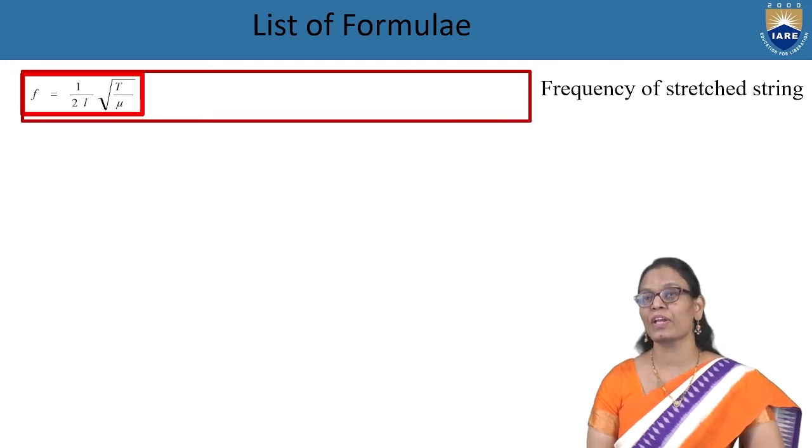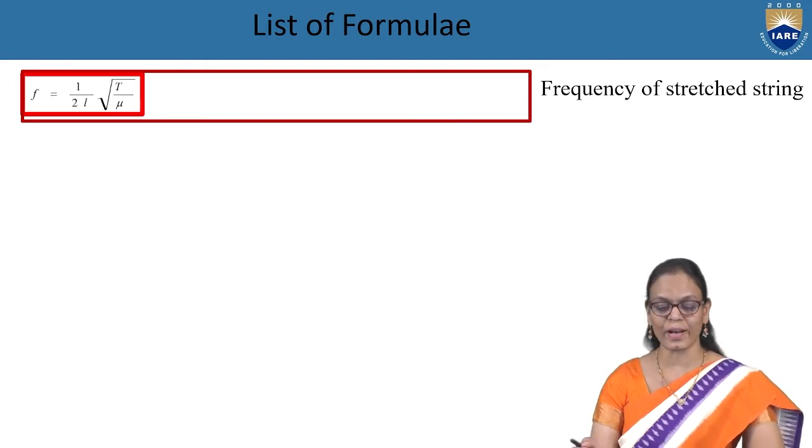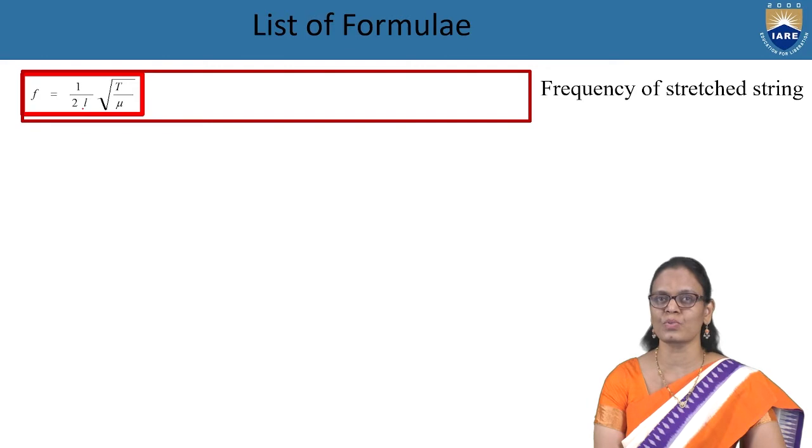Now coming to the frequency of a stretched string, which we have already discussed in the laws of stretched string. So the frequency F is given by 1 by 2L under root T by mu.